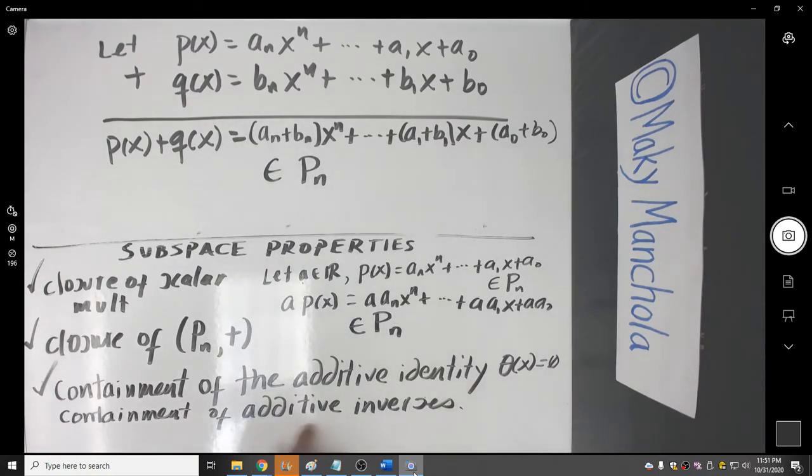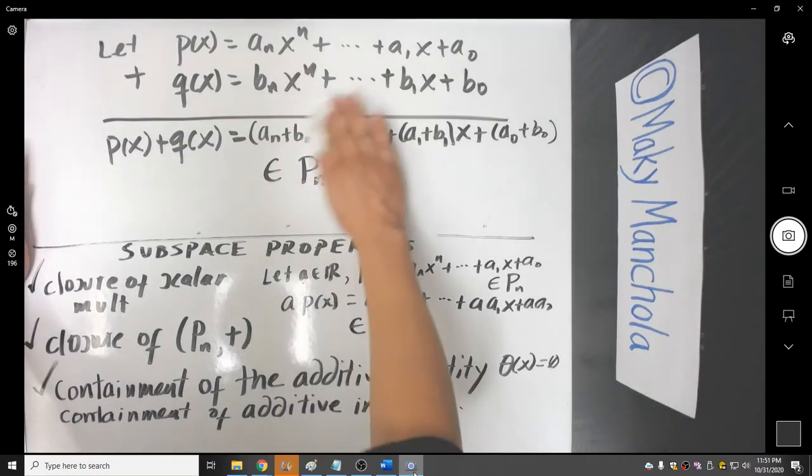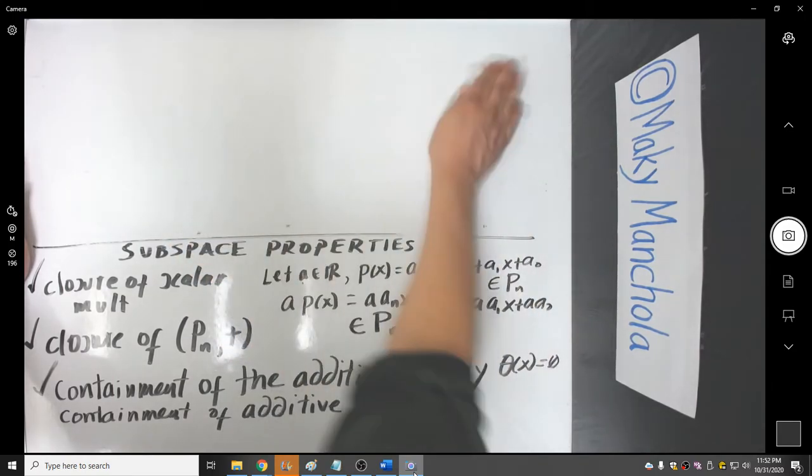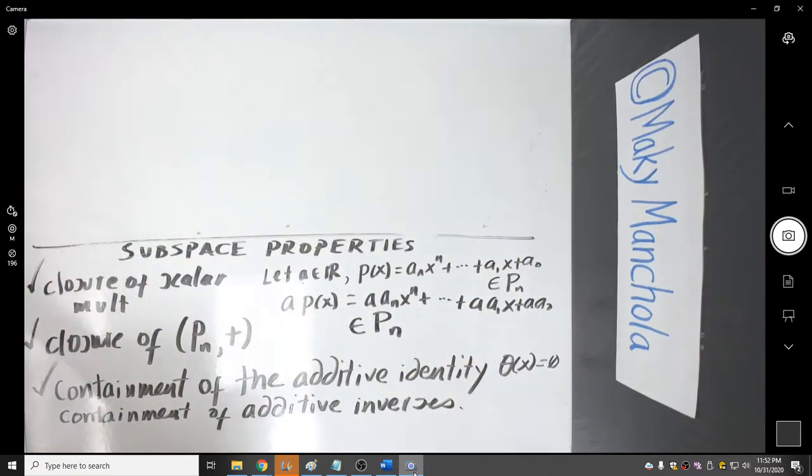Okay, let's do this one: containment of the additive inverses. So I'm going to begin with a polynomial in Pn, and I'm going to show that there is another polynomial of degree n or less that will cancel it when they're added together.